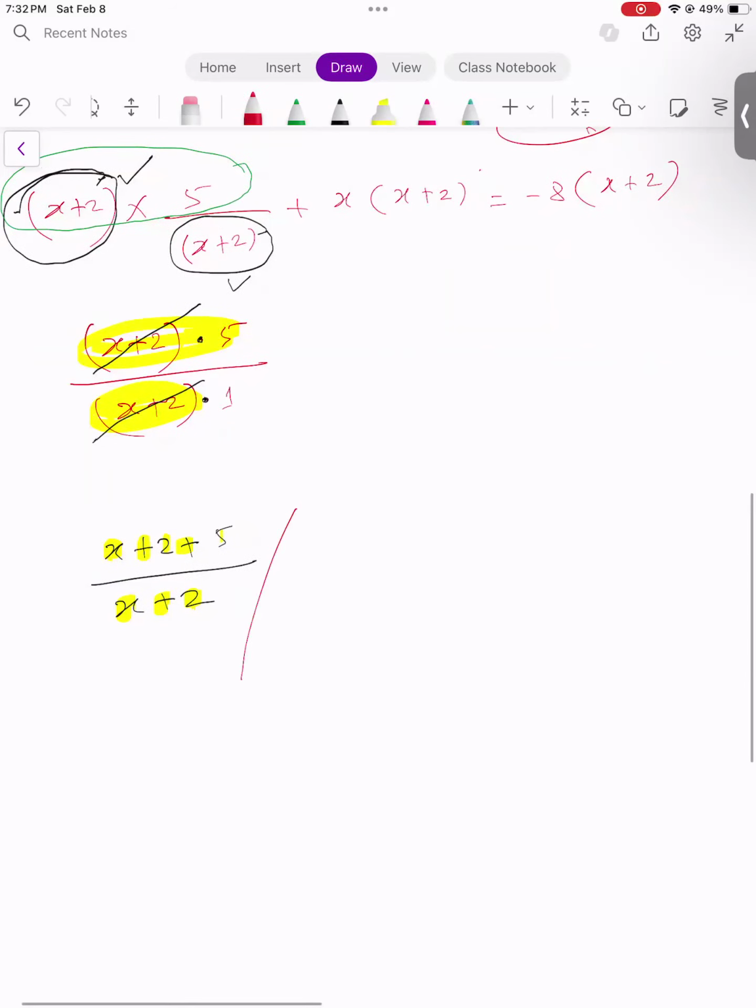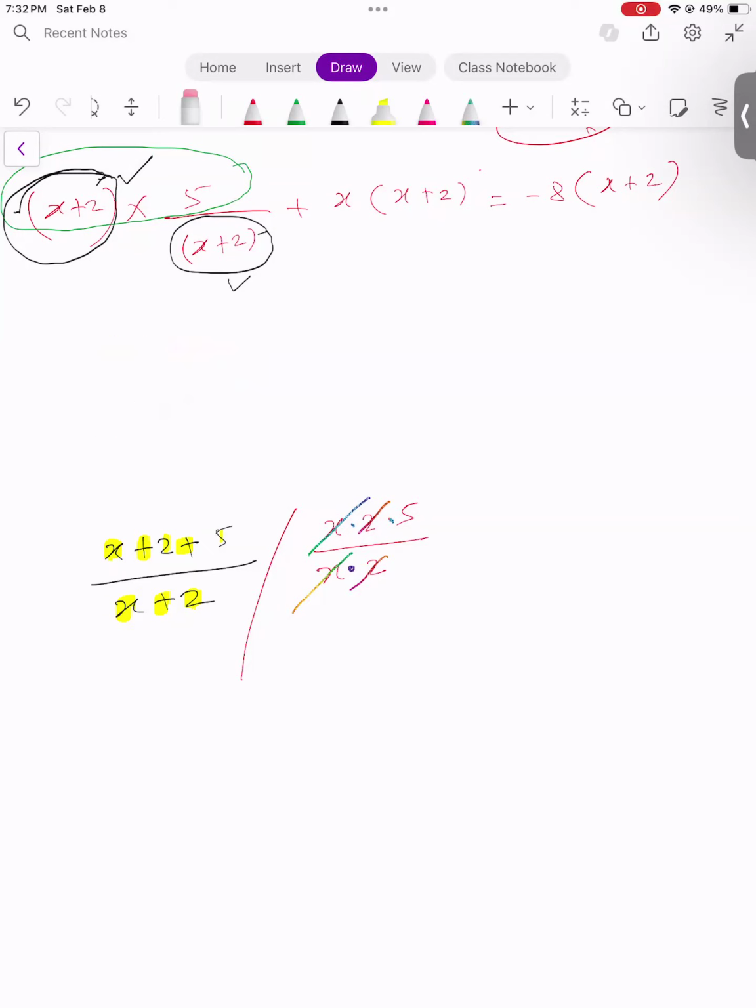Instead, if we had something like x times 2 times 5 divided by x times 2, then our numerator is in a factor form and the denominator is in a factor form. If you see a common factor, you can cancel. So make sure that when you cancel a factor, the numerator and denominator have to be in a factor form.